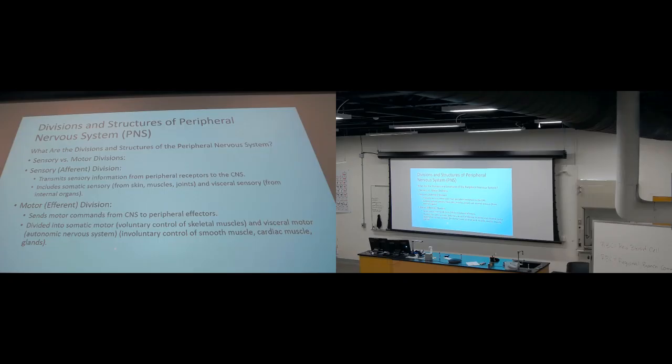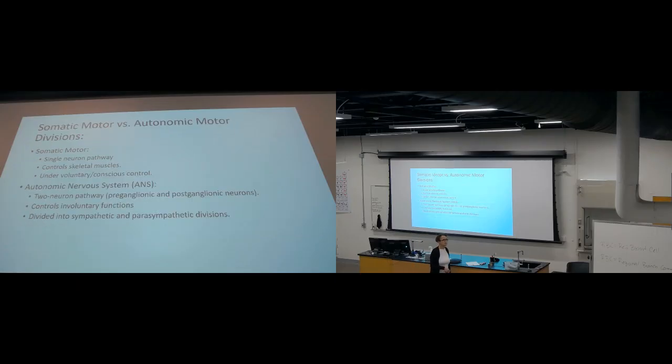And then we have the autonomic nervous system, which is part of the visceral motor system that controls the contraction of the heart and internal viscera, like the uterus, the vas deferens in the case of males, the urinary bladder, etc. So those are under involuntary control.